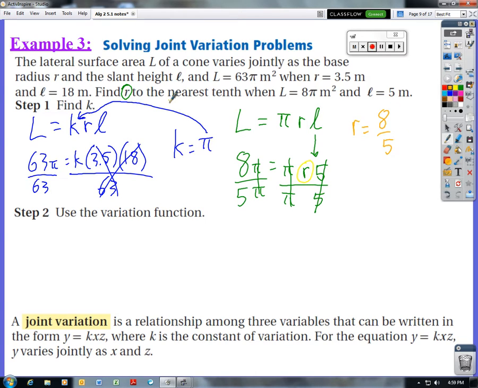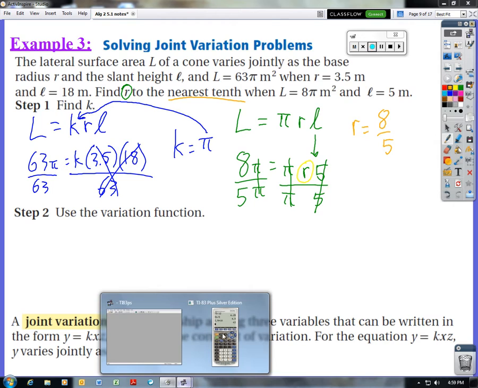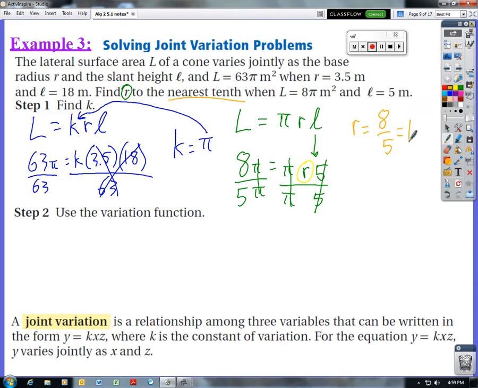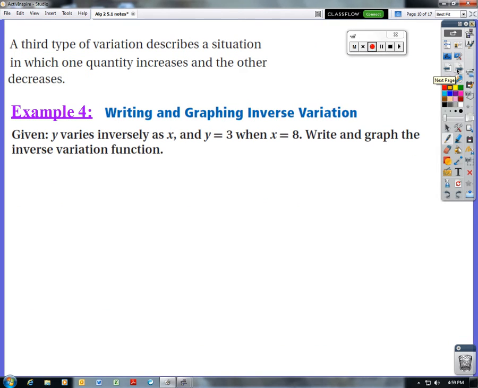And it wants it to the nearest tenth, so let's put that in decimal form. So 8 divided by 5 is 1.6 units, 1.6 meters. I didn't draw that box very well, so I'll circle it. Okay, good job. That was joint variation.